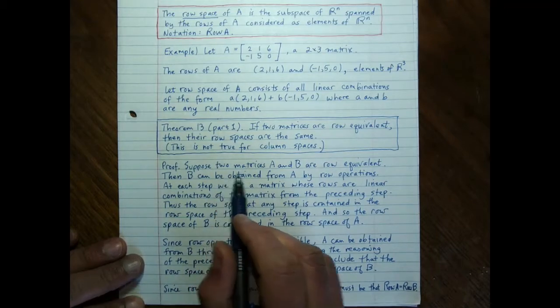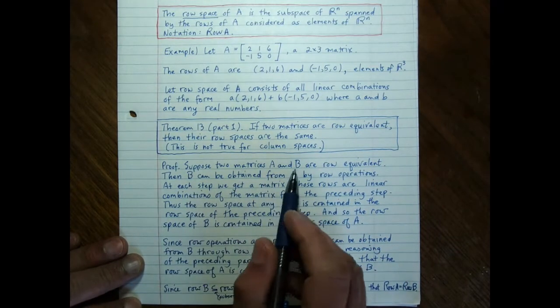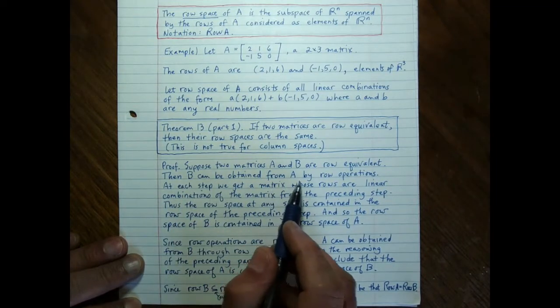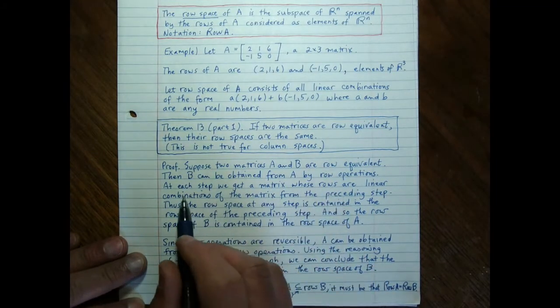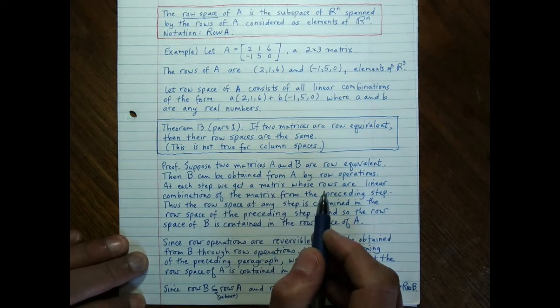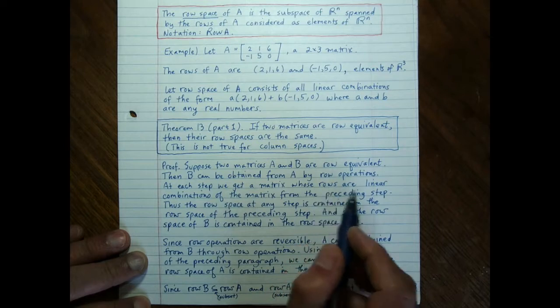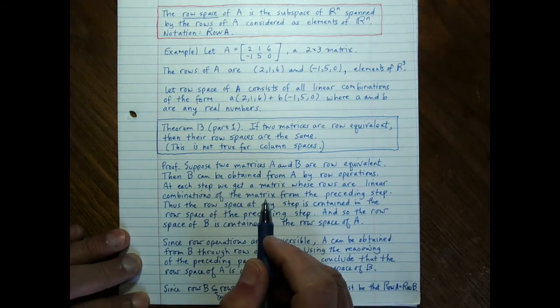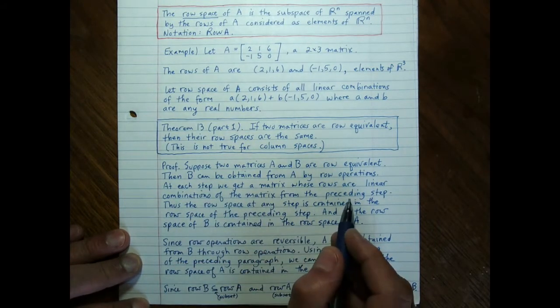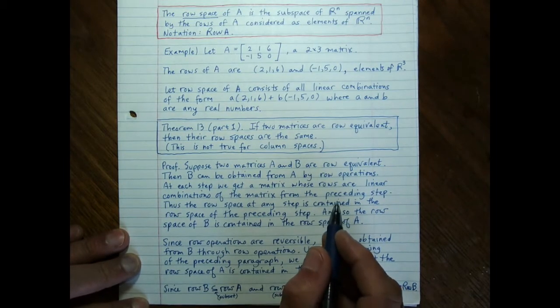Suppose two matrices A and B are row equivalent, then B can be obtained from A by row operations. Every time you apply a row operation, you're going to obtain a new matrix whose rows are linear combinations of the preceding matrix. If you just think of what we do when we add a scalar multiple of one row to another, that's like taking a linear combination of the existing rows.